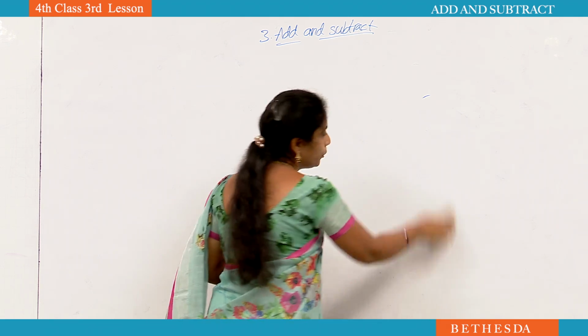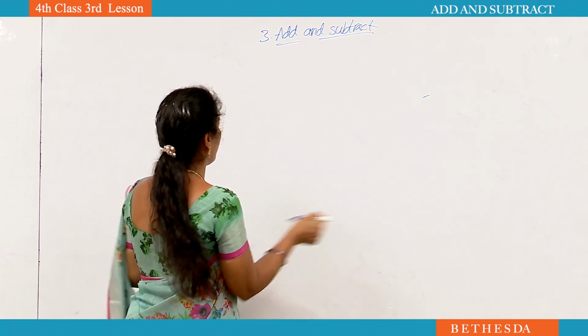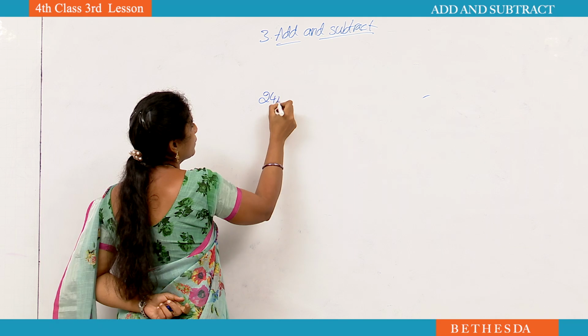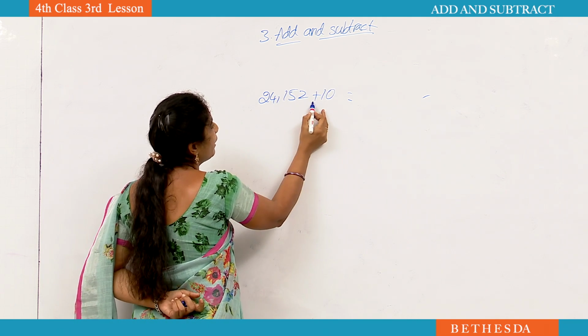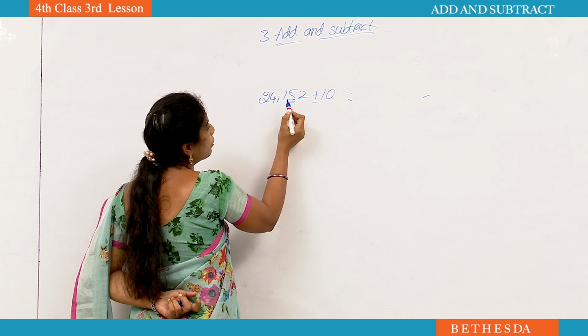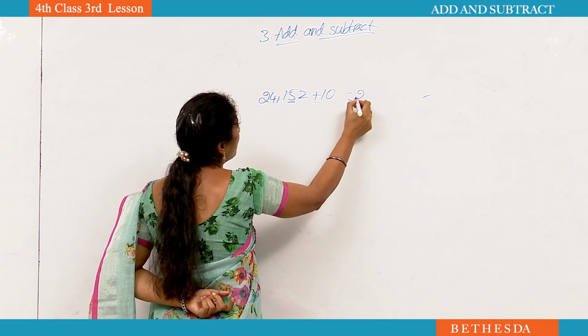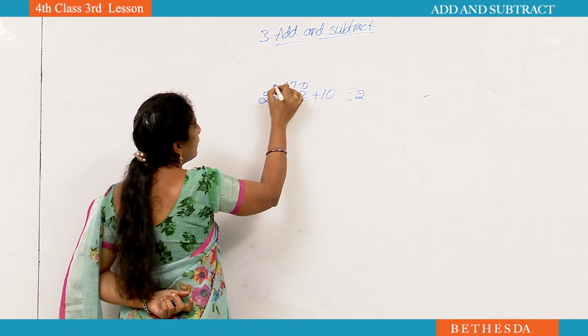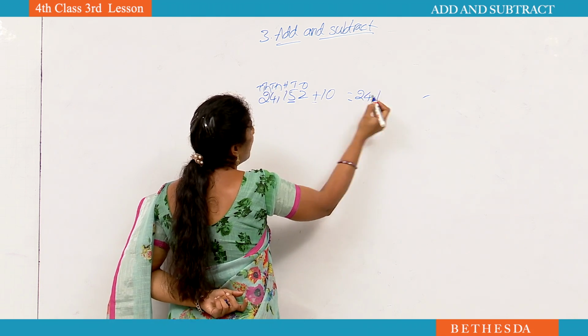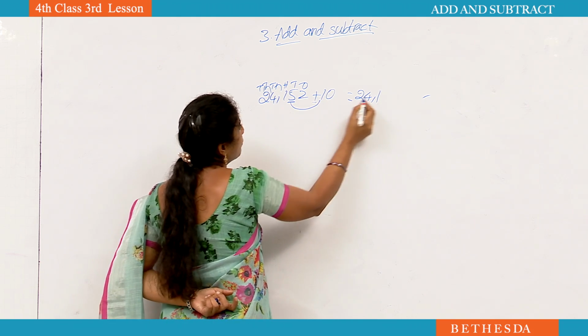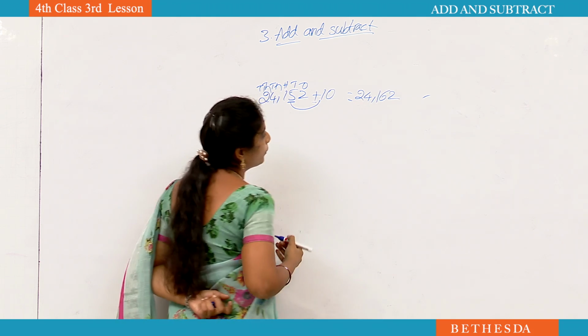See here, if you add 10 to any number, for example 24,152 plus 10, only the tens place will change. The remaining places, ones, tens, hundreds, thousands, ten thousands, stay the same. 24,100, tens place 5 plus 1 is equal to 6, so 24,162.